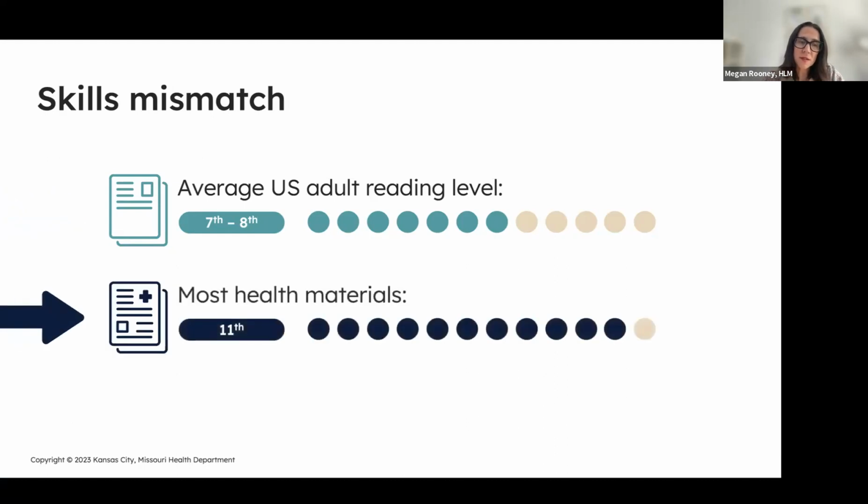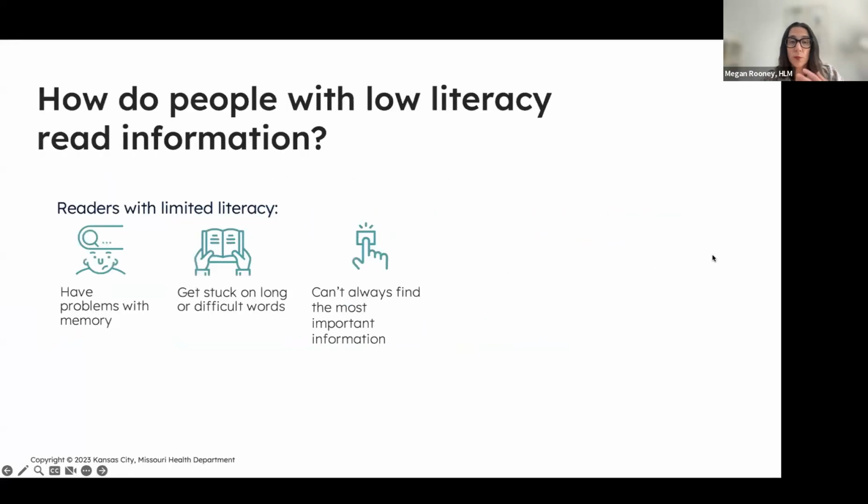Most health materials, based on a more recent study, are at around the 11th grade. So if people are understanding at a 5th to 6th grade reading level and materials are at the 11th grade reading level, there's a huge mismatch there. One of the things we can do to bridge that gap is plain language.